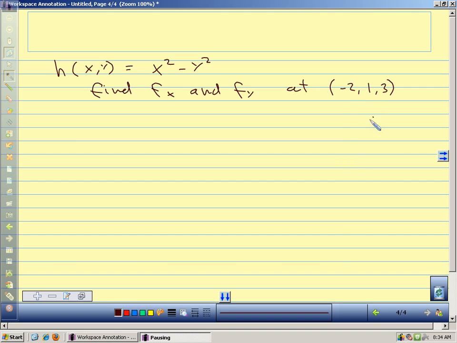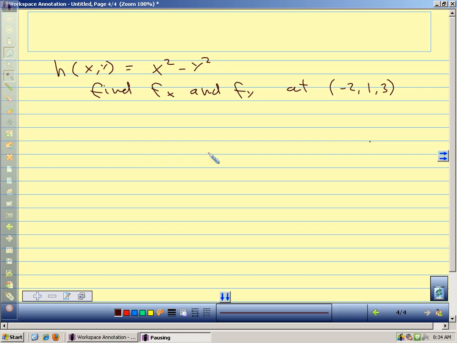So we have this surface and we want to find our slopes at a couple of different points. Before we do our calculation, what kind of surface is this? It has hyperbolas in it. Hyperbolic paraboloid. So Tian sees the graph in the book. This is a problem from the book.